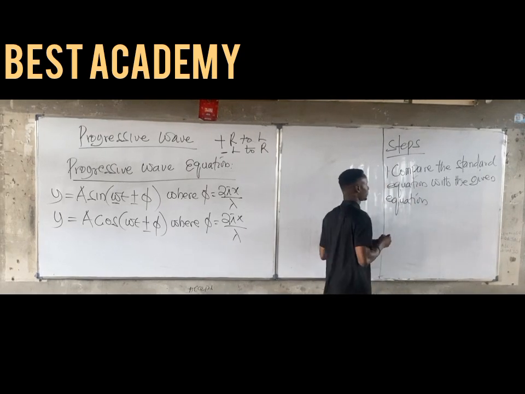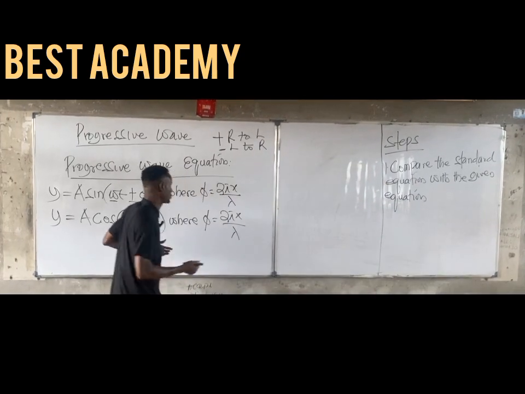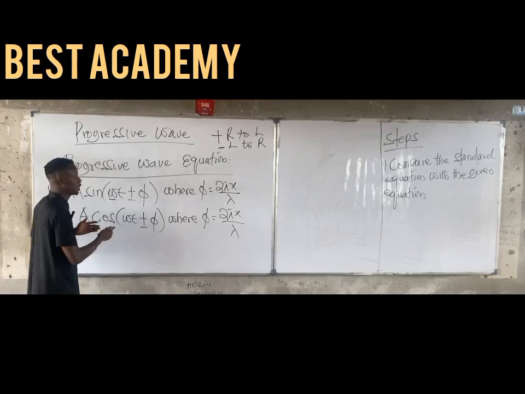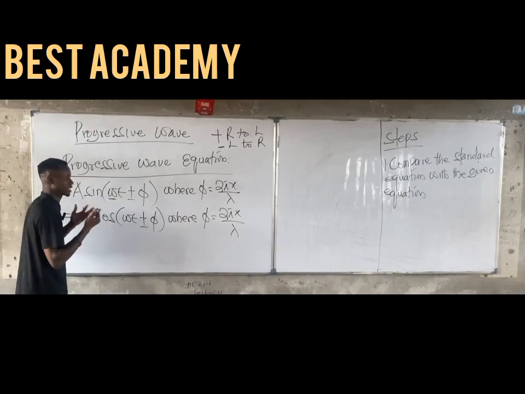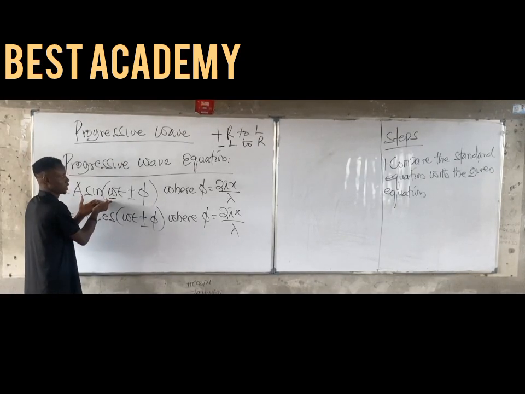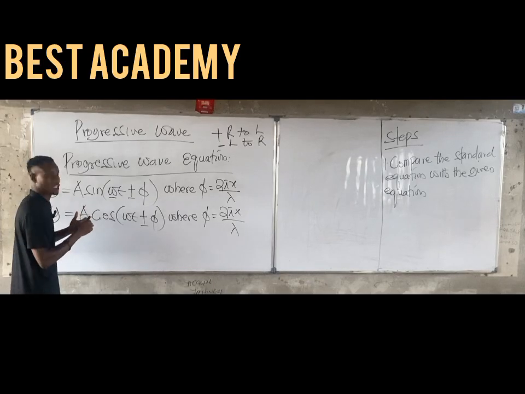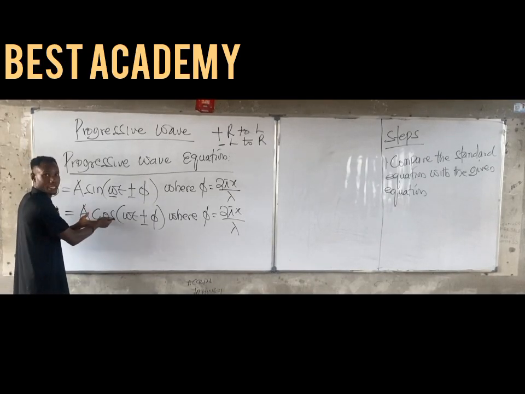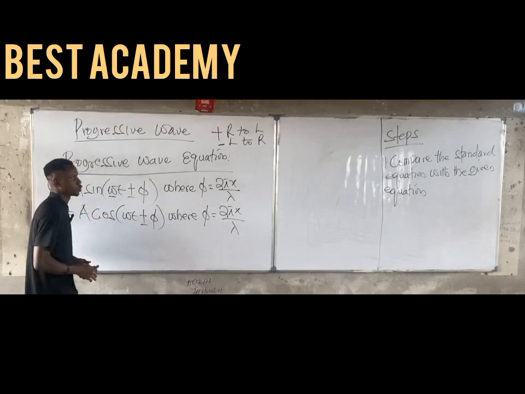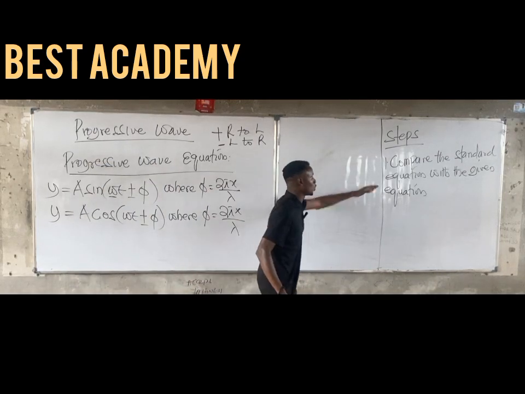Now, what does it mean here? Now, the standard equation for progressive wave is said to be this or this. If in the equation there is given to you as sine, you use this standard one here, the one that is said to be under sine. Now, if the equation is said to be in cos here, you use this one here that is under cos. Okay. So you have to compare the standard one with the given one.